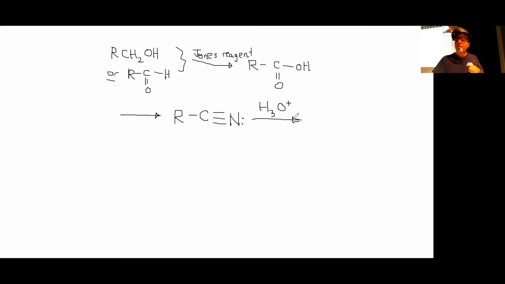This is a dilute solution of some inorganic acid in water. You can just take water and add some drops of concentrated sulfuric acid, for instance, or concentrated HCl. And in the end, you do get the carboxylic acid that has the same number of carbons, so the corresponding carboxylic acid.